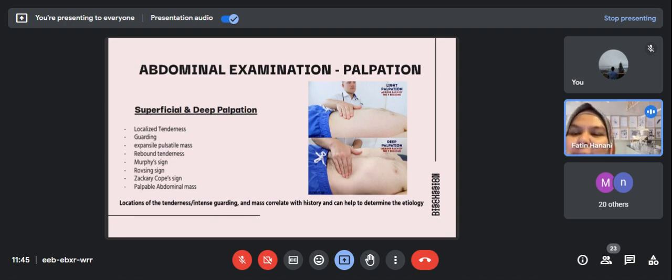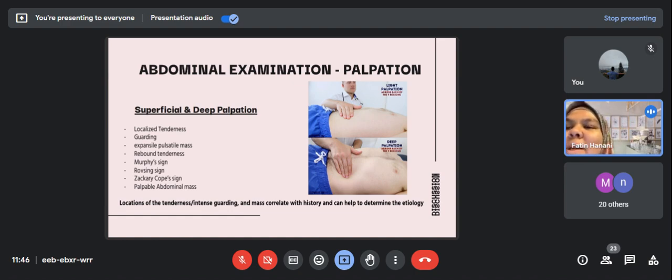Alright, thank you. So for next is the palpation. So we do the superficial and deep palpation. So for superficial palpation, we check for the tenderness and any superficial structure. And the deep palpation, we inspect for the internal organ as well as to look for any intra-abdominal mass.